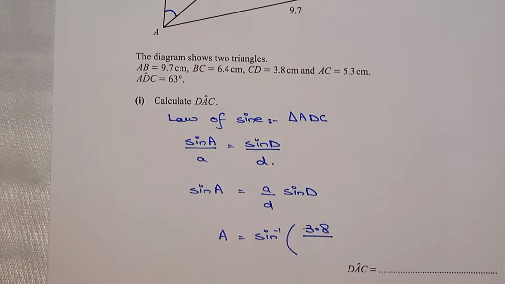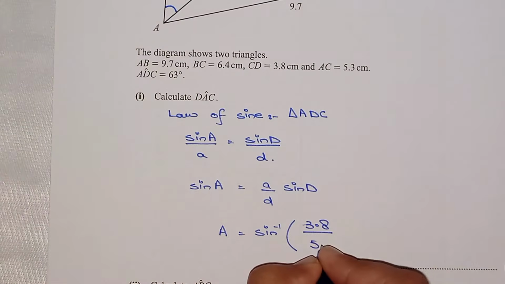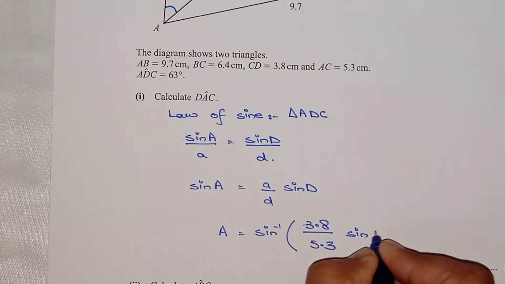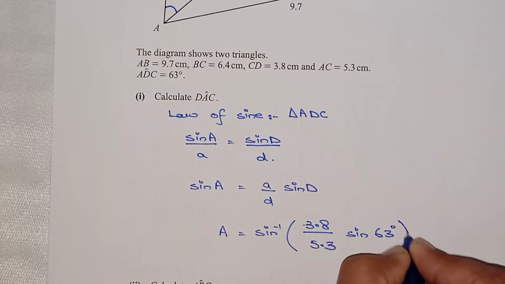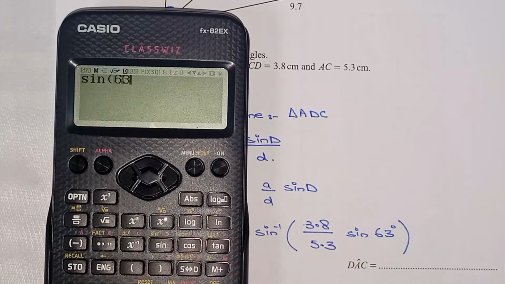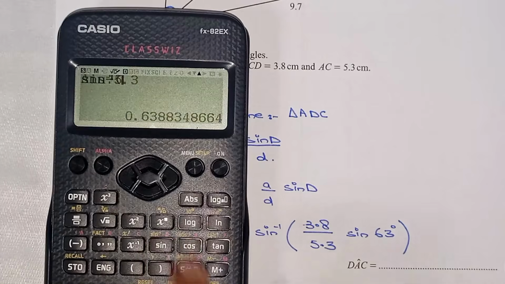Angle D is 63. Let's simplify it: sine 63 times 3.8 divided by 5.3, and doing a sine inverse, 39.7 degrees.